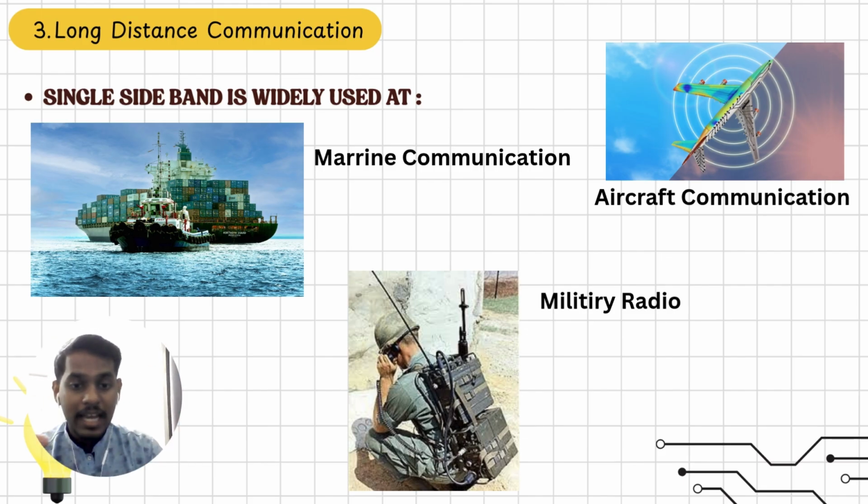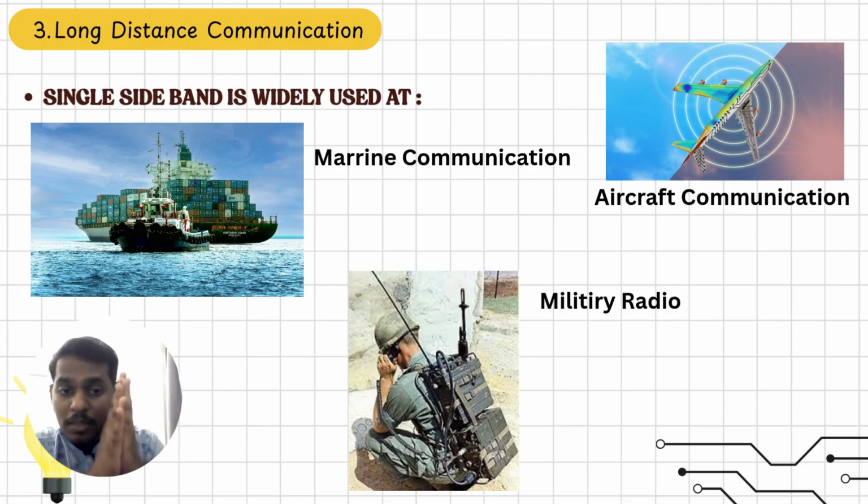From this diagram we can see that SSB can transmit signals over a much longer distance. The transmitter sends the SSB signal through the atmosphere. Because SSB uses power efficiently, the signal can travel much farther. Why does SSB travel further? Some people think SSB travels farther because it has more power. Actually, that's not the main reason.